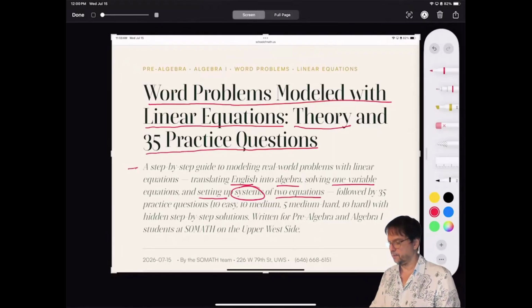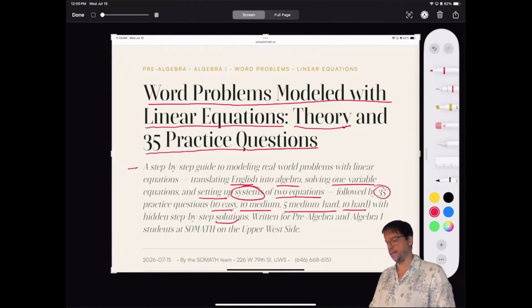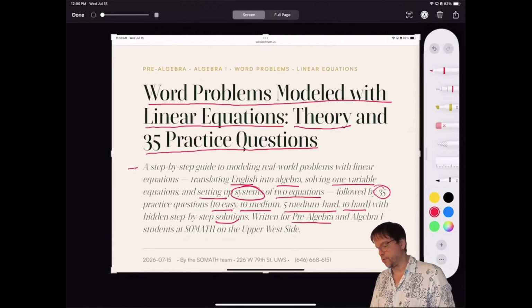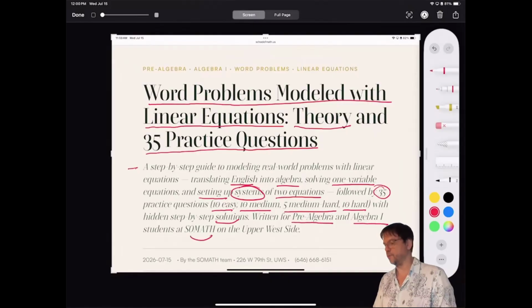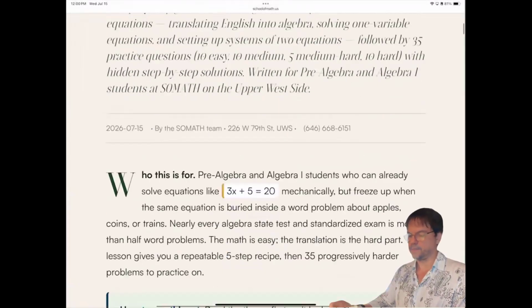Followed by 35 practice questions, 10 easy, 10 medium, 5 medium hard, and 10 hard, with hidden step-by-step solutions that we can check. Written for Pre-Algebra and Algebra I students at SOMATH.